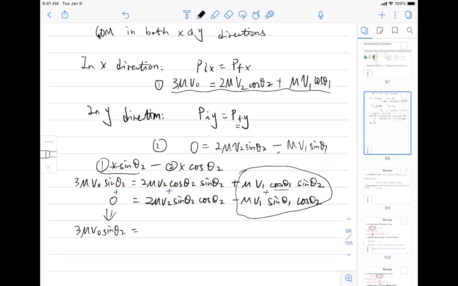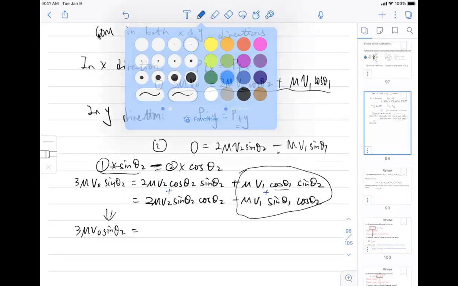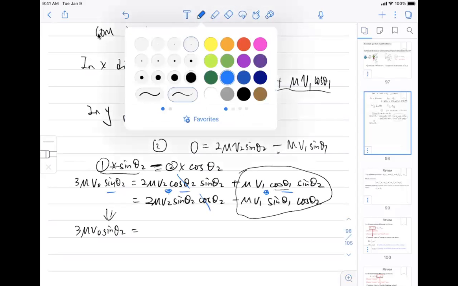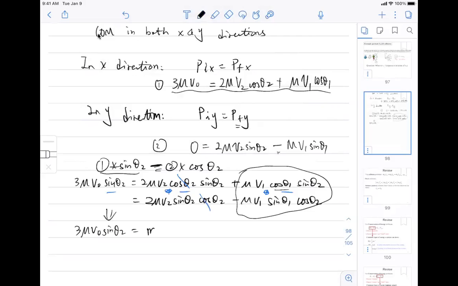Oh, sorry, it's minus instead of plus, I do minuses, okay? So I'm able to cancel out these two terms because they're the exact same, leaving this term, okay? All right, so this one is m v1 times cos theta 1 sine theta 2 minus sine theta 1 cosine theta 2.